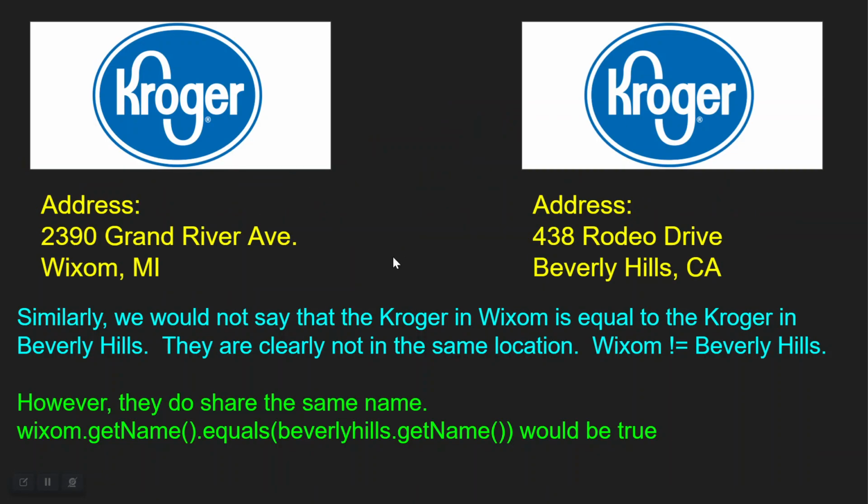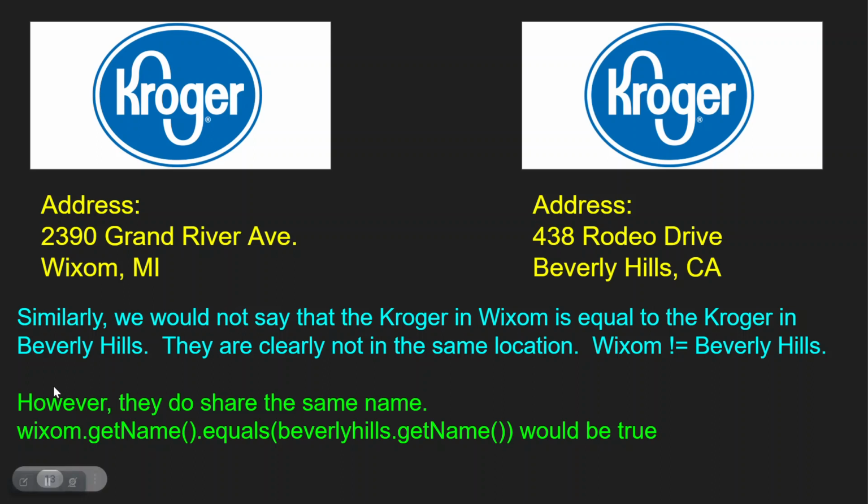So similarly, we would not say that the Kroger located in Wixom is equal to the Kroger located in Beverly Hills. They are clearly not in the same location. They're not in the same memory address. So therefore, Wixom is not equal to Beverly Hills, or the Kroger here is not equal to the Kroger over here. However, they do have the same name.